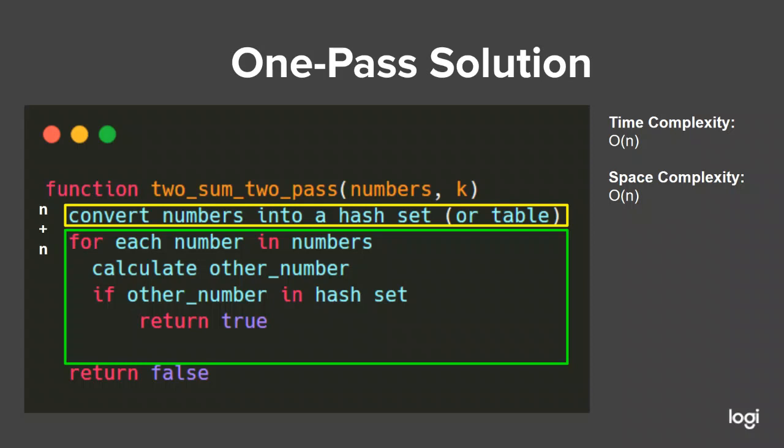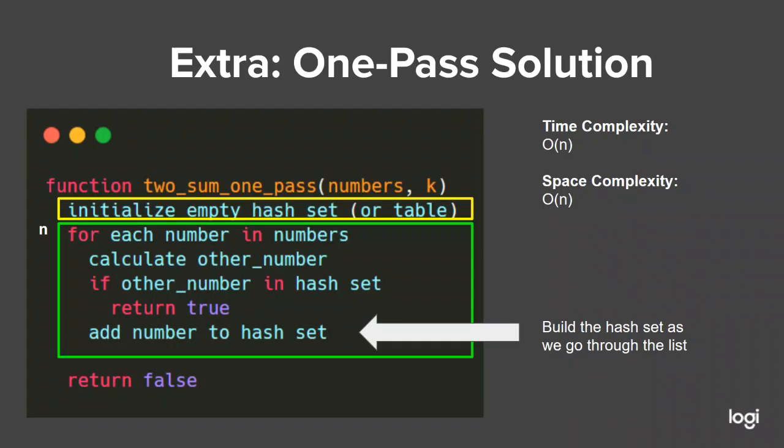And so there is this one pass solution where we initialize an empty hash set or table depending on the variant of the problem. Here, the more appropriate one, I believe, is the hash set. We do what we were doing before, and we look up if other number is in the hash set and return true if that condition is met.